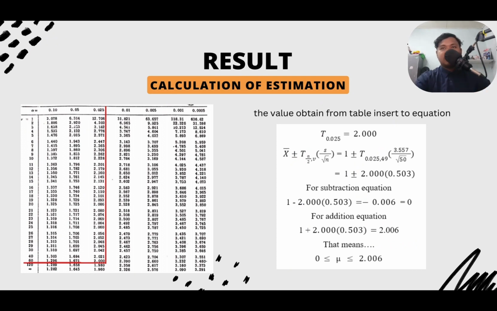For the addition equation, we get 1 plus 2.00 in bracket times 0.503, and we get 2.006. That means the lowest value we're going to get is 0, the mean is 1, and the highest we're going to get is 2.006, which is the same as 2.